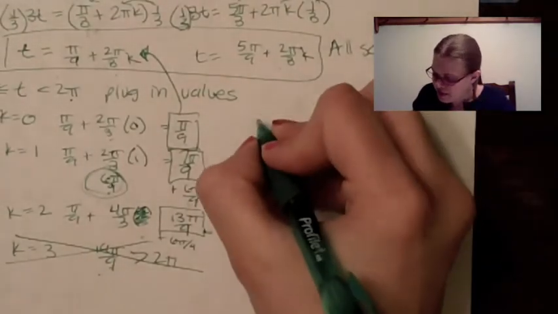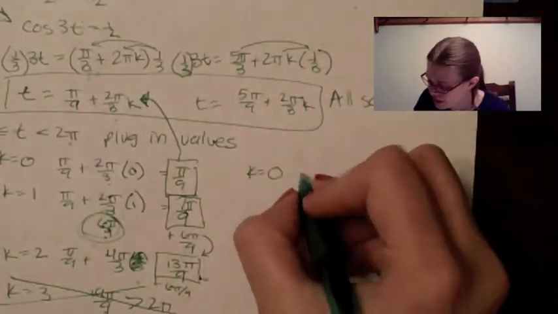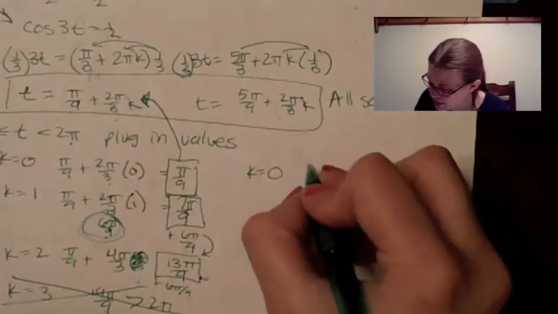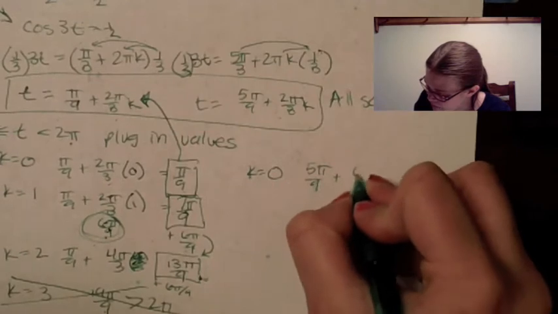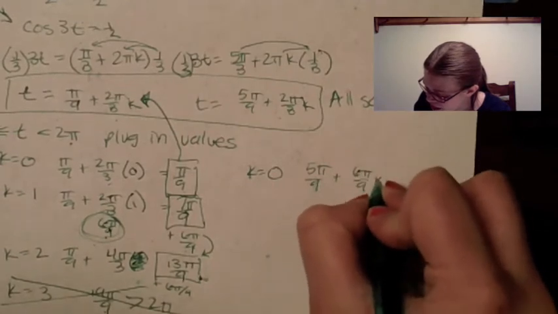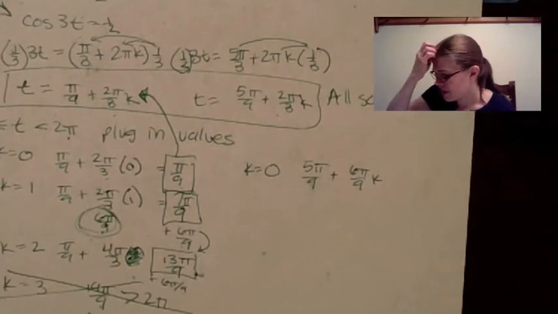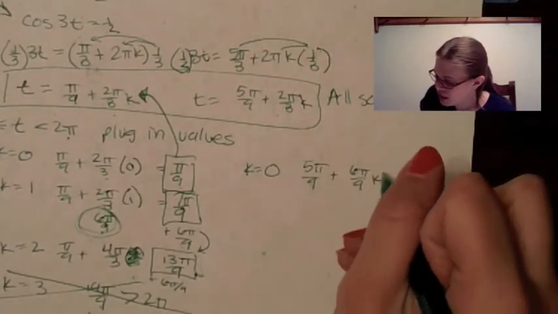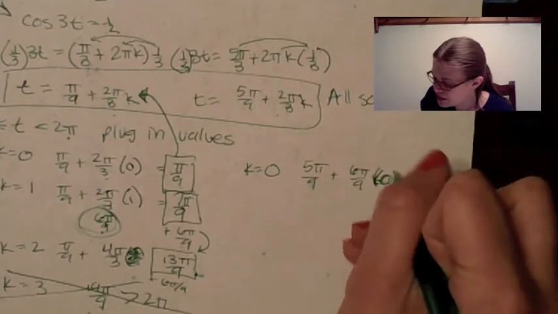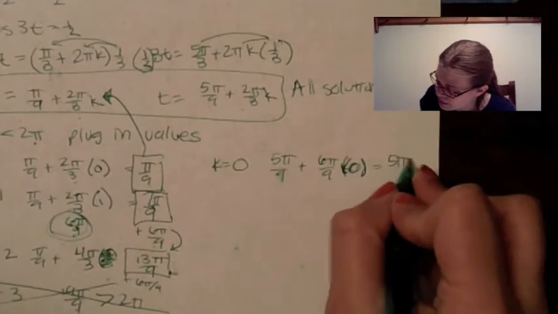Okay, so if I plug in k equals 0 for the 5 pi ninths one, I have 5 pi ninths plus 6 pi ninths times k. Notice it's the same common denominator that we're adding. Our k happens to be 0 in this case, so I just get 5 pi ninths.